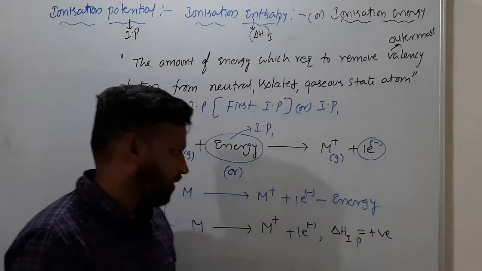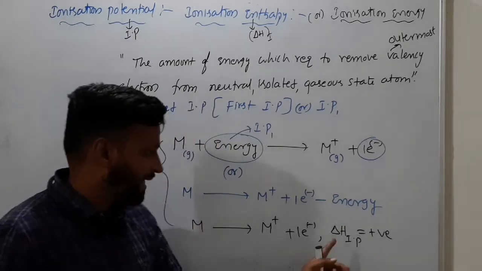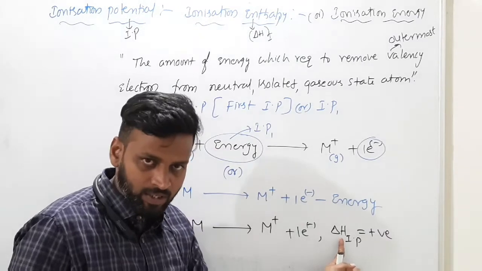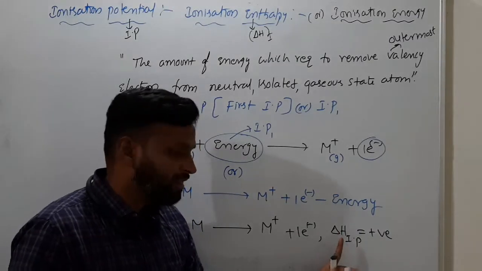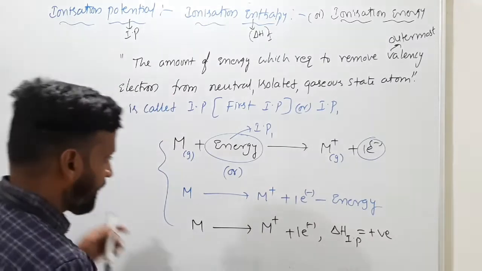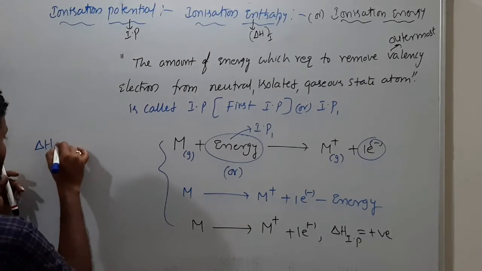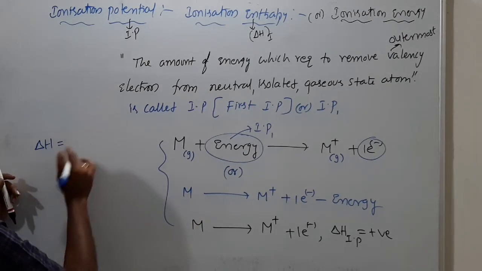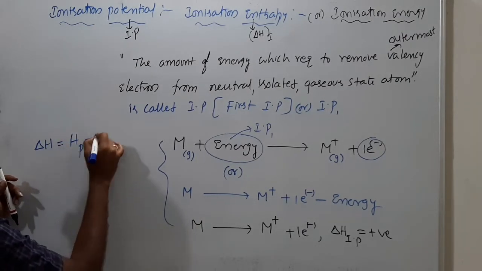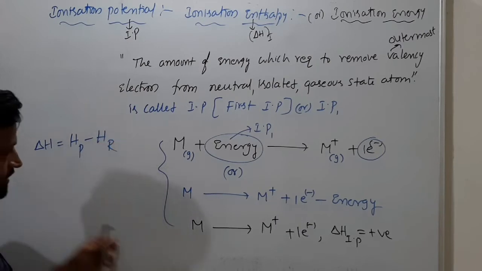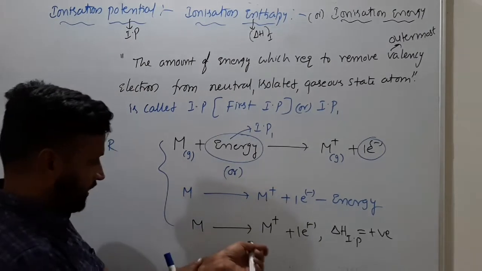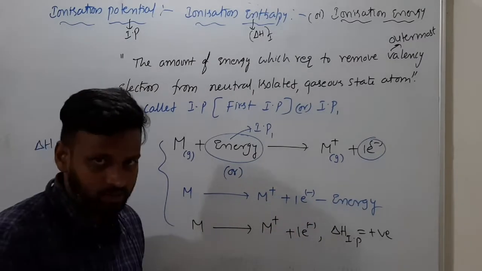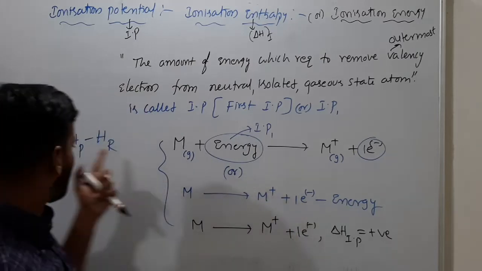What is delta H or delta E? Some people use enthalpy change, delta H. In the thermodynamics chapter in chemistry, you will fully understand enthalpy. Delta H is the enthalpy of products minus the enthalpy of reactants. The right side is products, the left side is reactants.